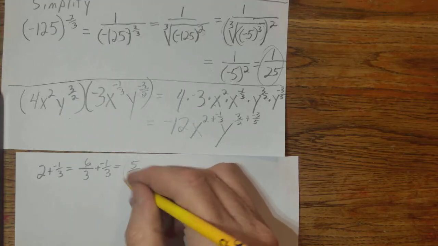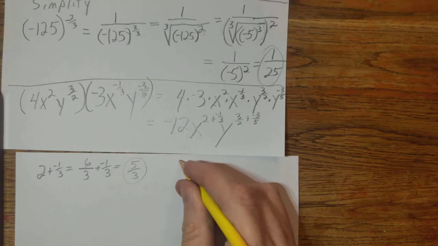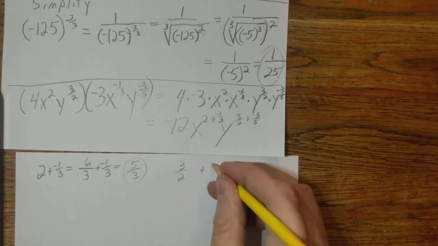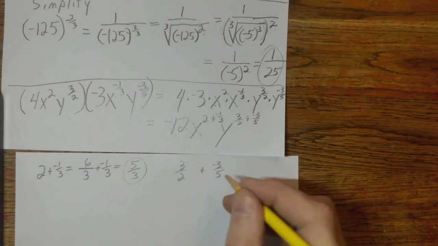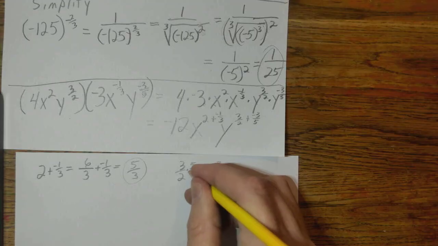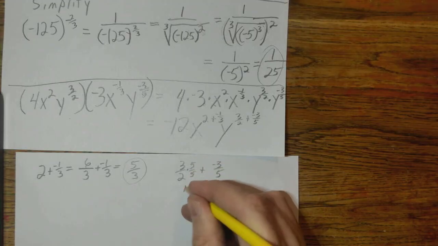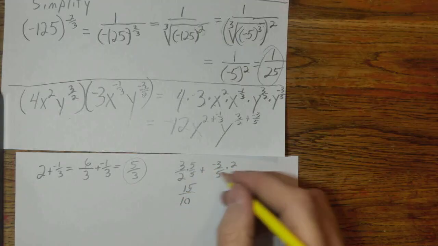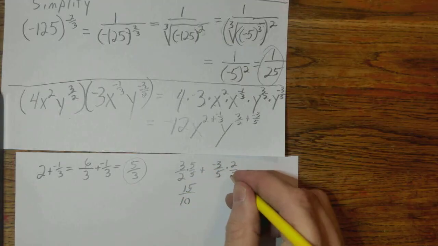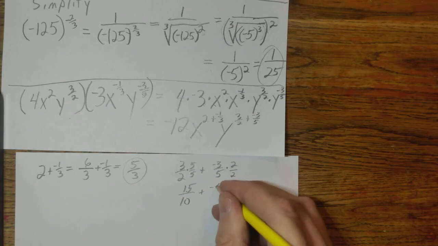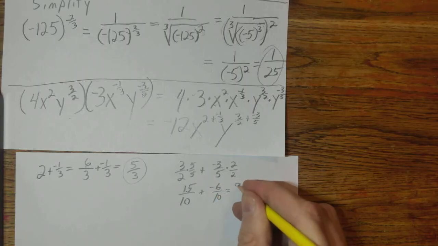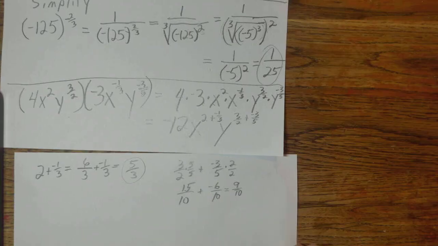So that's my power of x, and my power of y is 3/2 plus negative 3/5, and 10 is the common denominator, so I'm looking at 15/10 plus negative 6/10, and I'm getting 9/10 there.